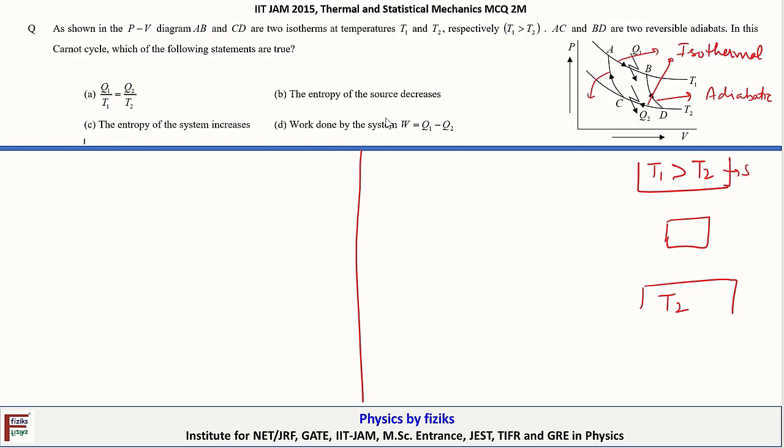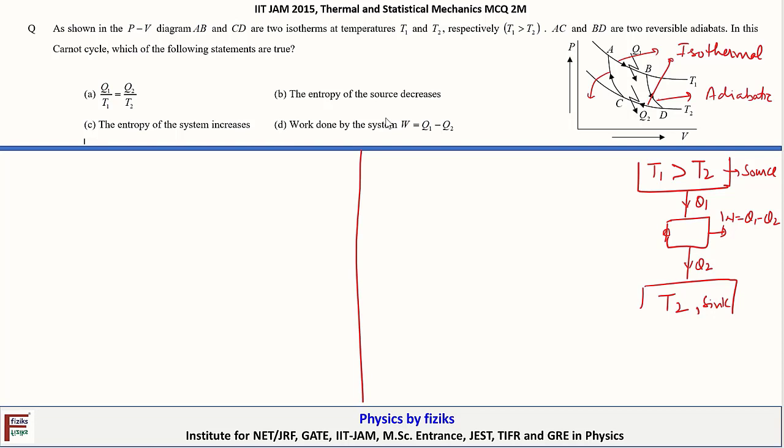We call these the source and the sink, and we represent the cycle of the working substance. The working substance takes Q1 amount of heat per cycle from the high temperature reservoir, and it ejects Q2 amount of heat to the sink, and at the same time it does W equal to Q1 minus Q2 amount of external work during one complete cycle.